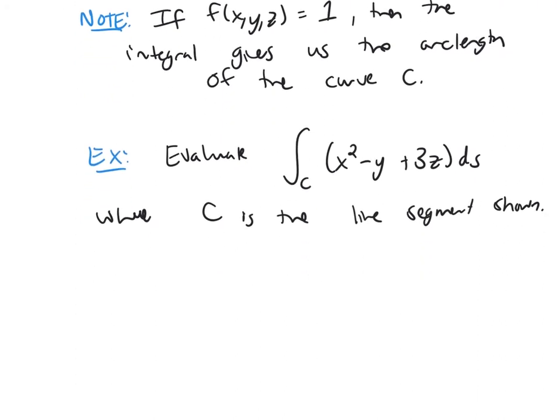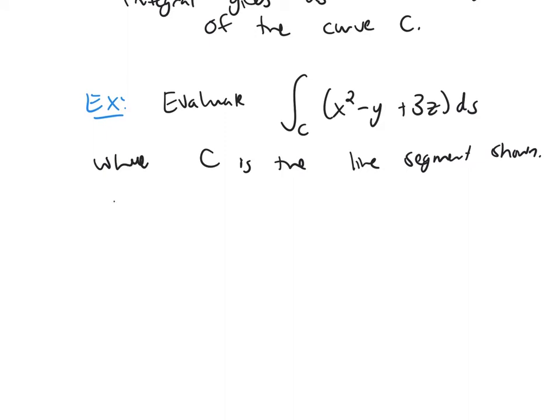So C is going to correspond to the line segment coming out of the origin and ending at the point (1, 2, 1).